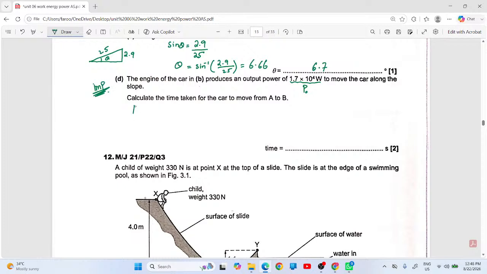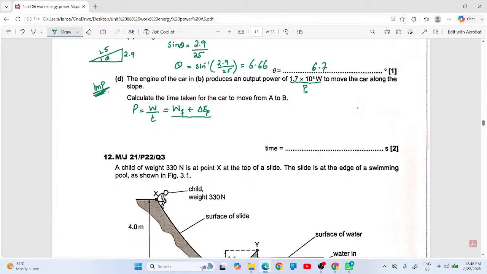We know the formula of power: power is work done over time. Some of the work is converted to the change in gravitational potential energy.